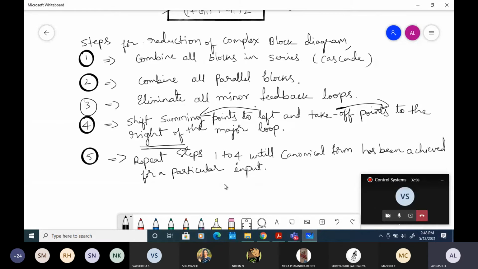Repeat steps 1 to 4 until canonical form has been achieved for a particular input.